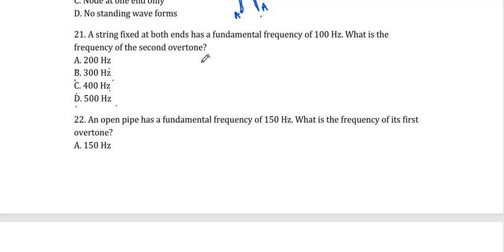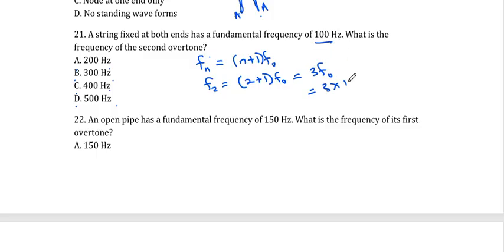Now the overtone of a string is given as Fn equals n plus 1 times f naught, the fundamental frequency. So the second overtone is going to be 2 plus 1 times the fundamental frequency, which is 3 times 100, and so that is going to be 300 Hz. Okay, quite easy.